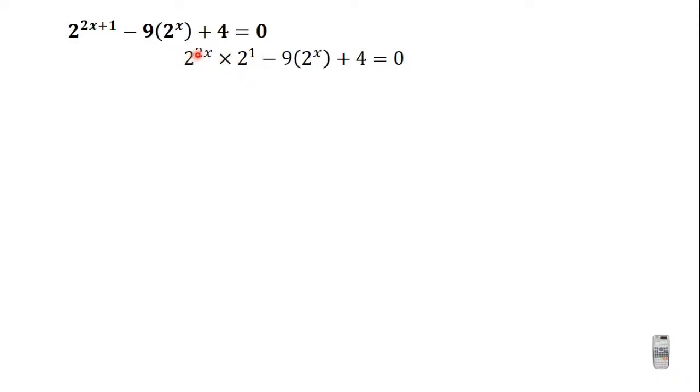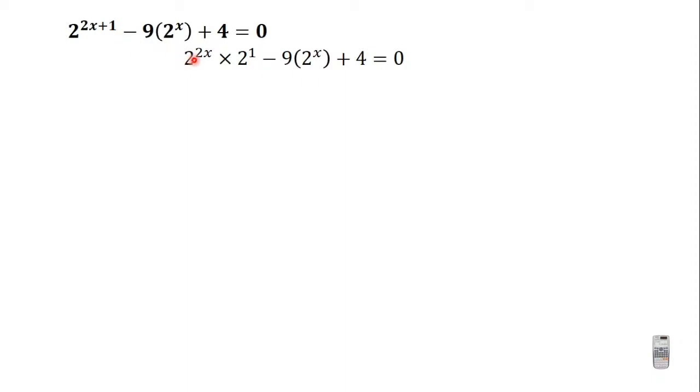So if you have 2 exponent 2x times 2 exponent 1, we can write one of the bases as 2, then we add the exponents. So 2 exponent 2x times 2 exponent 1 is the expanded form of 2 exponent 2x plus 1. So you've not changed anything.